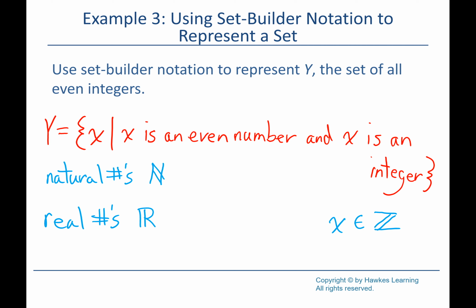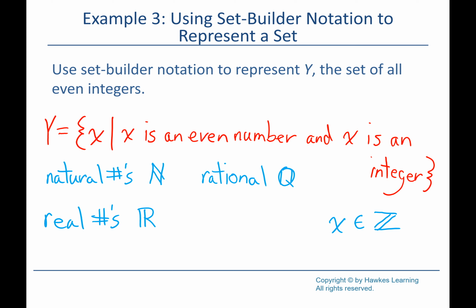And those are the most common, and then just for the sake of being complete here, rational numbers. What are those? Those are ones we can write as a fraction. Rational numbers are a Q, and it's even weirder. It's Q for quotient. It's a fraction.